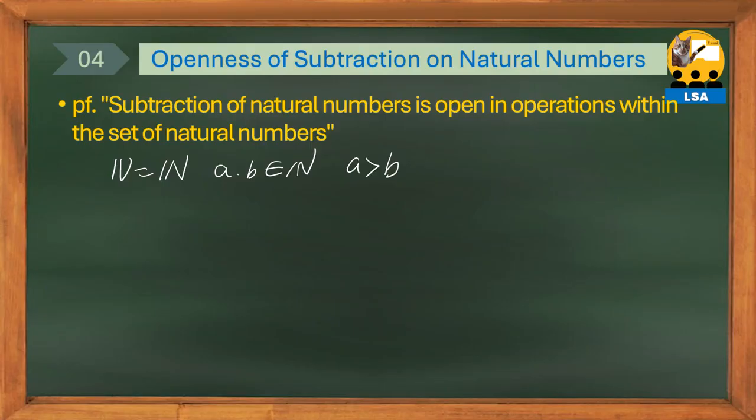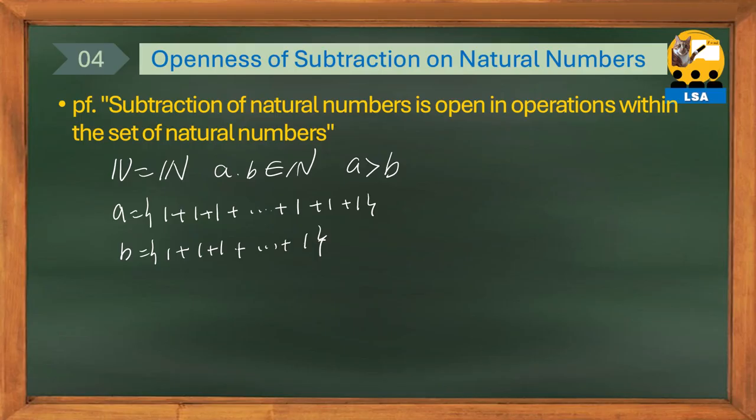Then, according to the definition of natural numbers, we rewrite the two numbers as the addition of ones. A has 2 more.